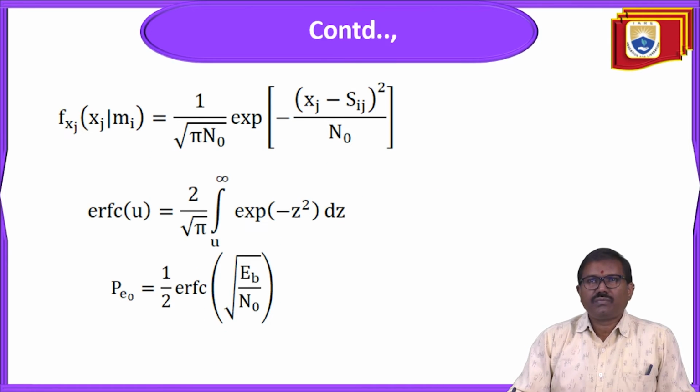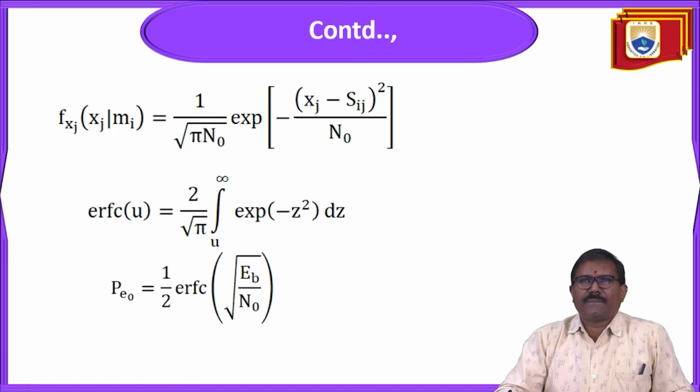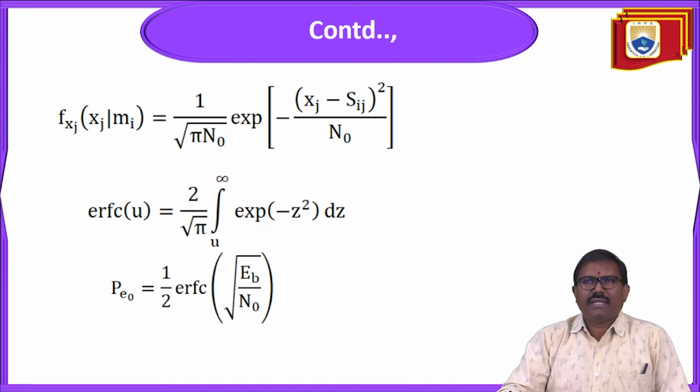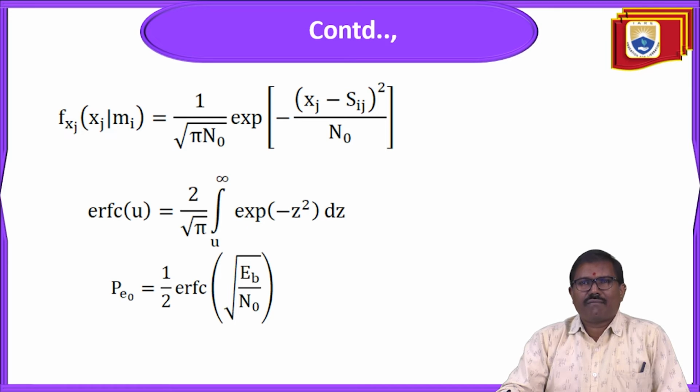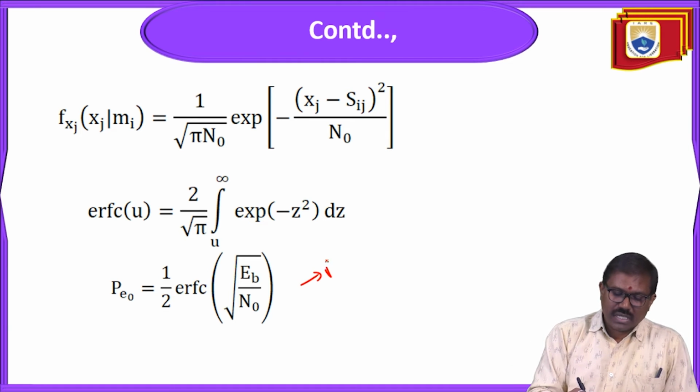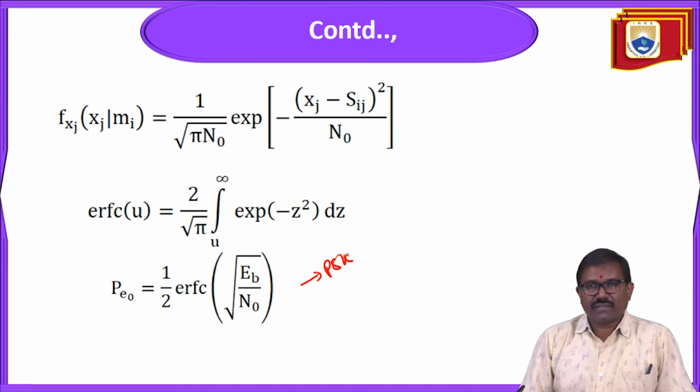Now this is the conditional probability function, and the ERFC formula is ERFC of u equal to 2 by root pi integral u to infinity exponential minus z square dz. So finally, the probability of error of symbol 0 is equal to 1 by 2 ERFC of root Eb by N naught. This is for PSK, phase shift keying.